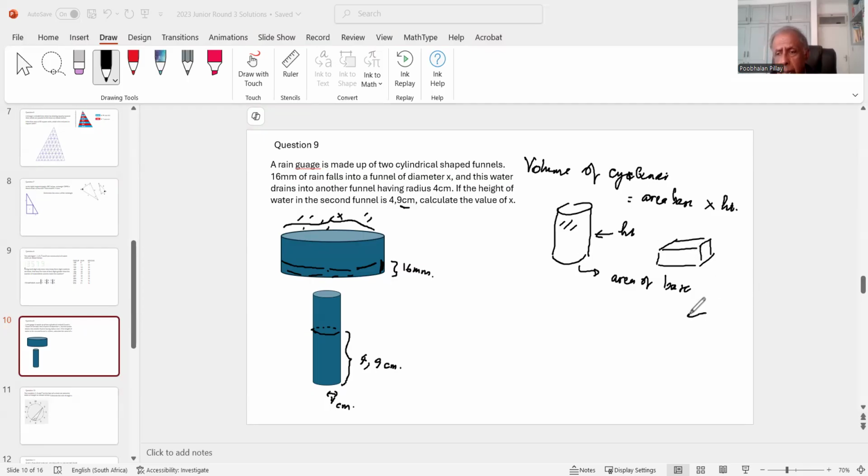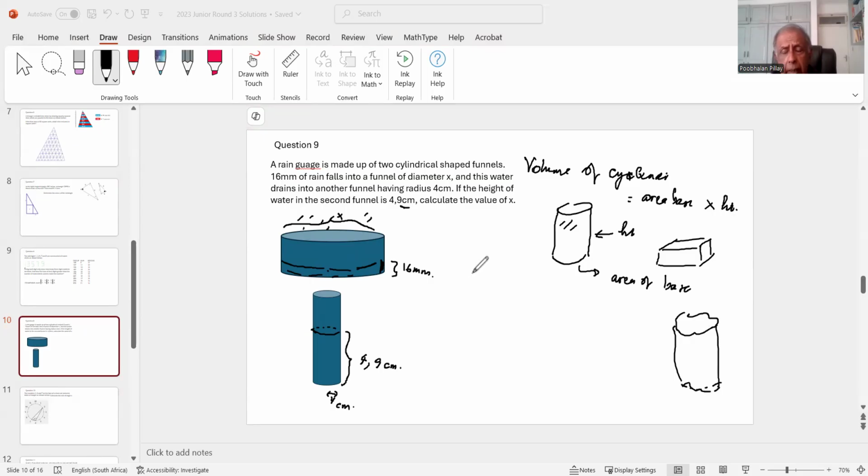No matter what kind of shape you'll get, if the bottom shape is exactly the same as the top one, then you got a cylindrical kind of a thing, and the volume is area of base times height. So here the base is a circle, and the diameter is x.